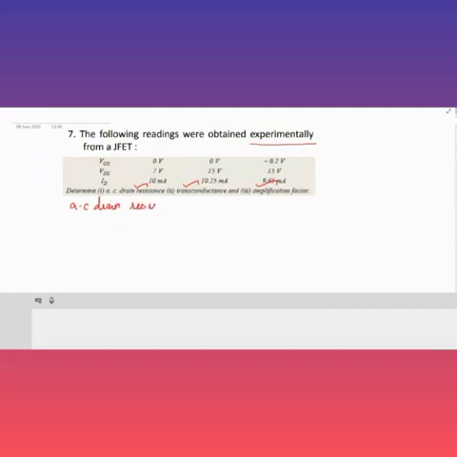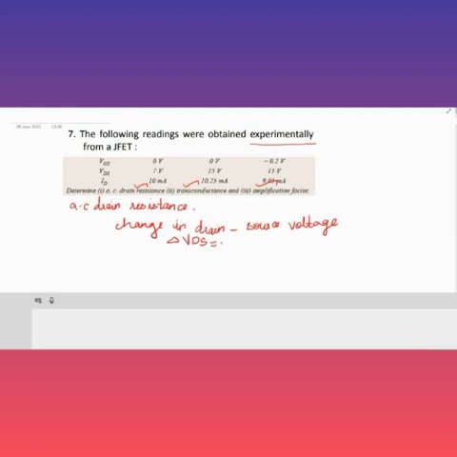To find this we require the change in drain to source voltage, because you can see there is a change in VDS. So I will be getting it as del VDS.